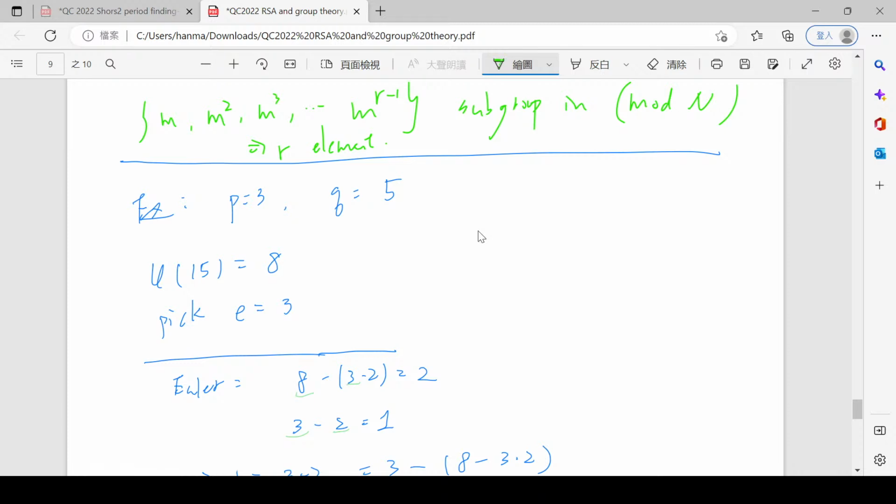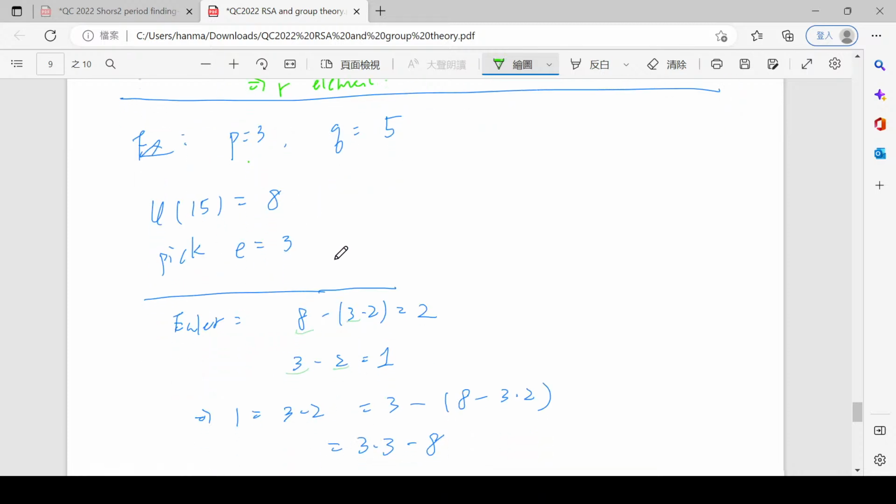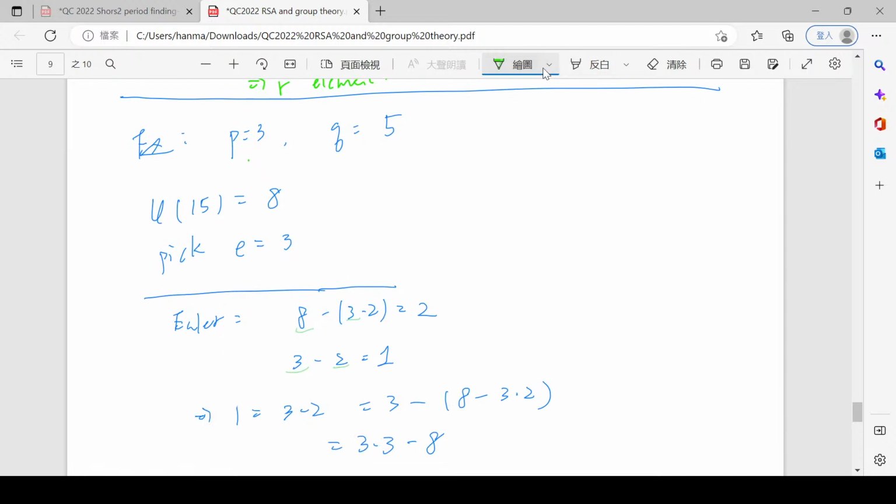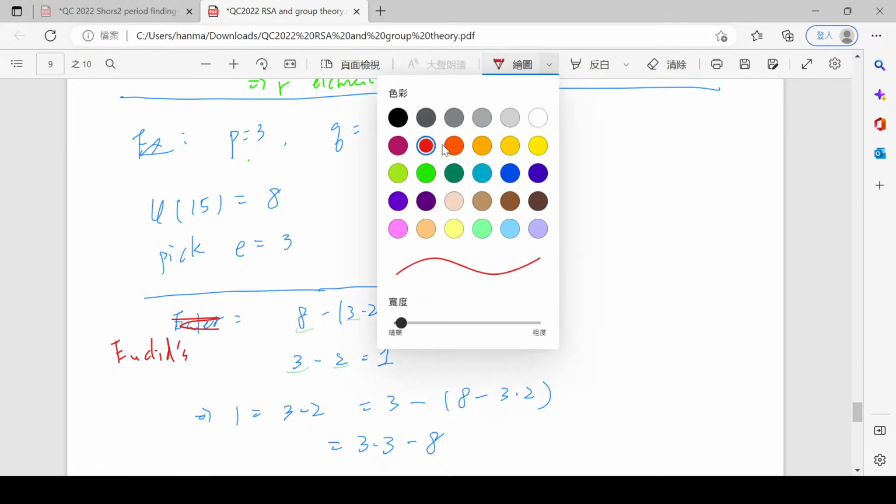Let's say P. I guess this is the whole thing. Another Euclid I forgot to change. Actually, sorry, this is the whole RSA going through.